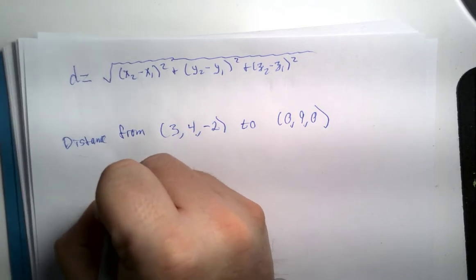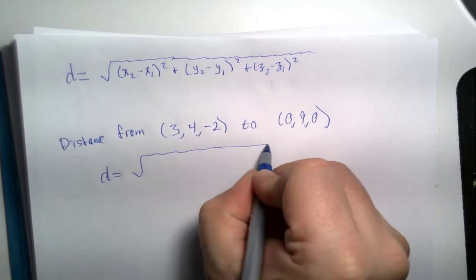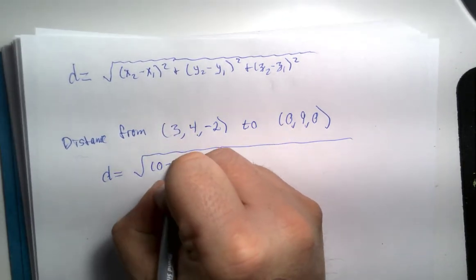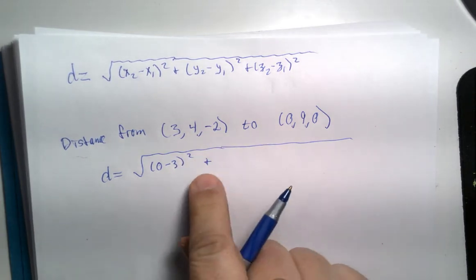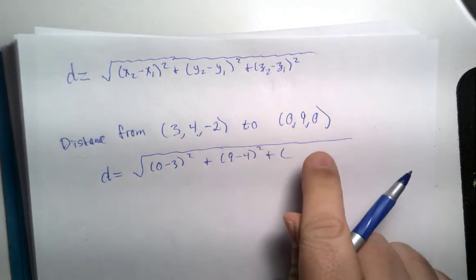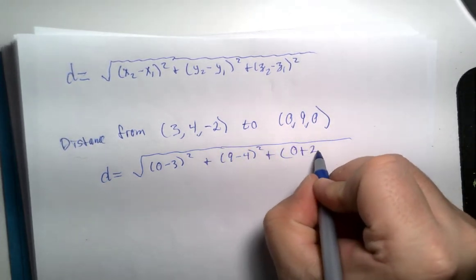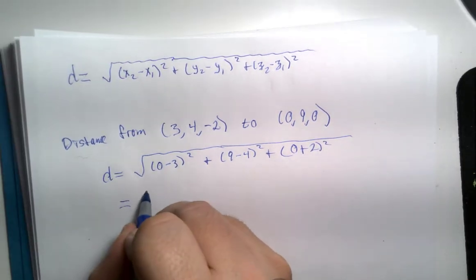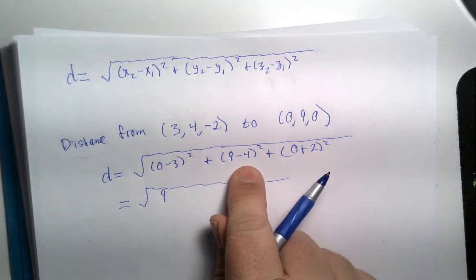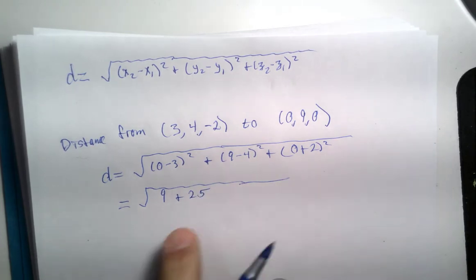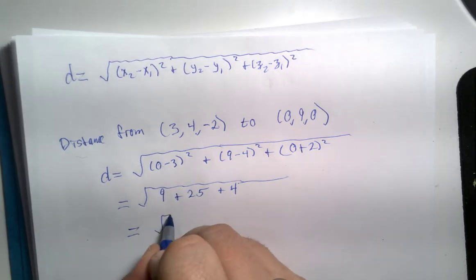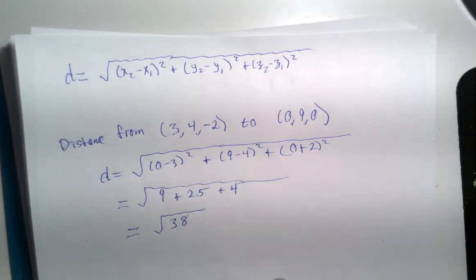So that distance should be, let's see, x2 is 0 minus 3 quantity squared, and 9 minus 4 quantity squared, and 0 minus a negative 2 would be the same as 0 plus 2 quantity squared. Let's see, what does that end up? 3 squared is going to be 9. 9 minus 4 is 5. That's going to be 25. And 2 squared is going to be 4. What do we have here? Oh, the distance between those 2 points is exactly square root of 38.